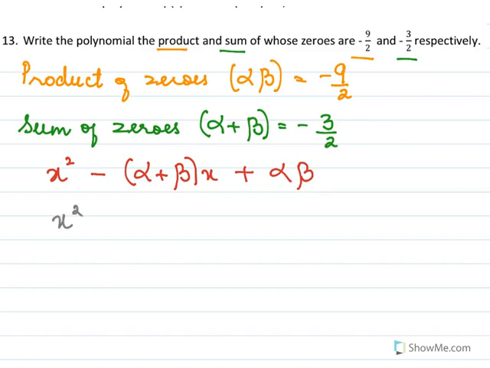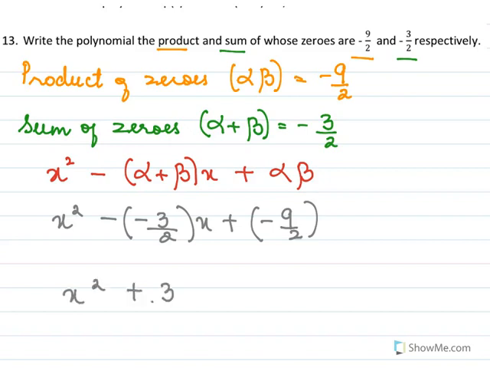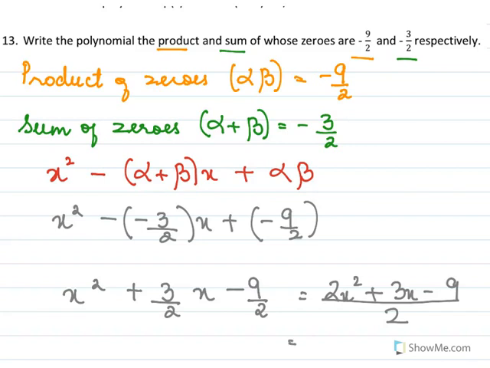So x square minus sum of roots, here minus 3 by 2, so minus 3 by 2x. Product of roots is minus 9 by 2. So we have x square plus 3 by 2x minus 9 by 2. This is a quadratic, but if you want to present it properly, you can take the LCM. So 1 by 2, 2x square plus 3x minus 9.